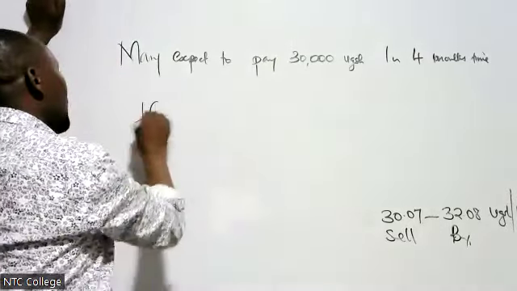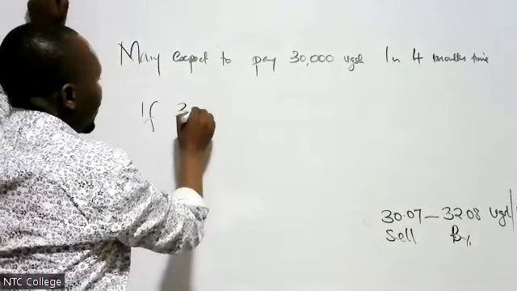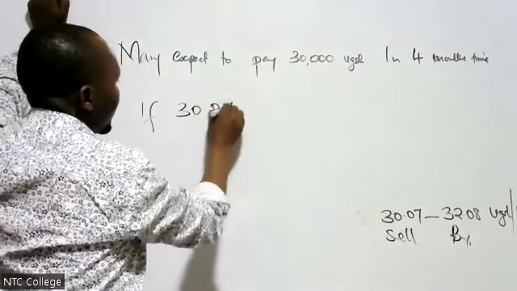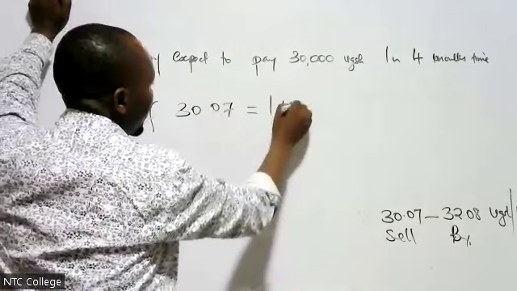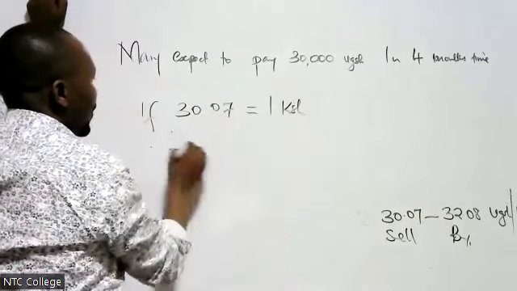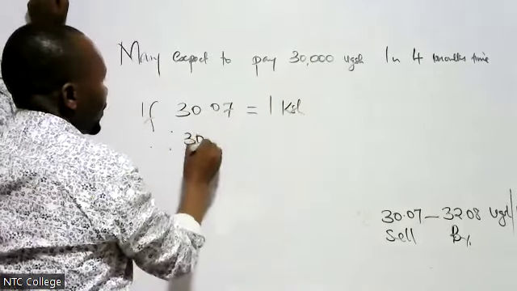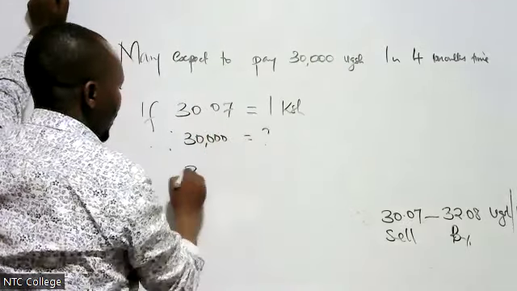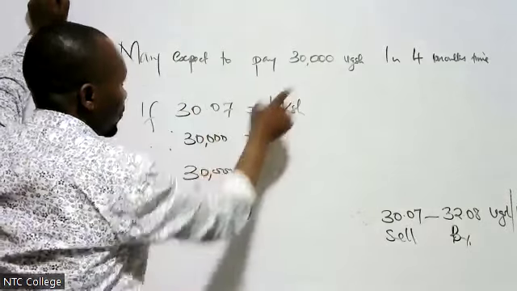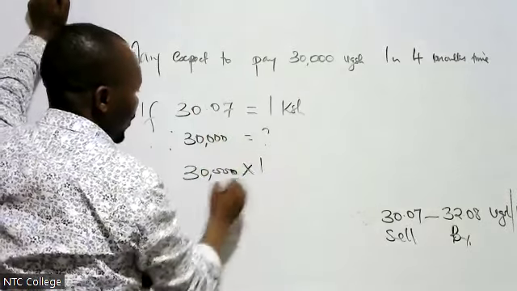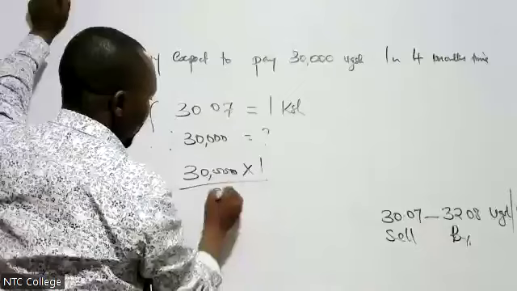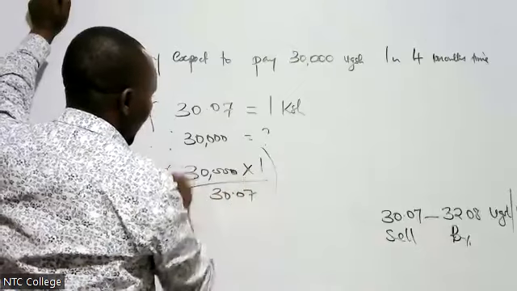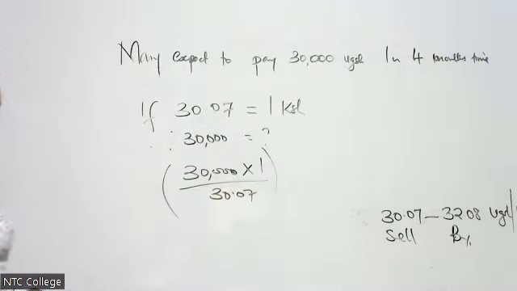So you say that if 30.07 is equal to 1 Kenyan shilling, therefore, what will 30 be? So it is 30 times 1 Kenyan shilling over 30.07. You'll be able to know how much it is.